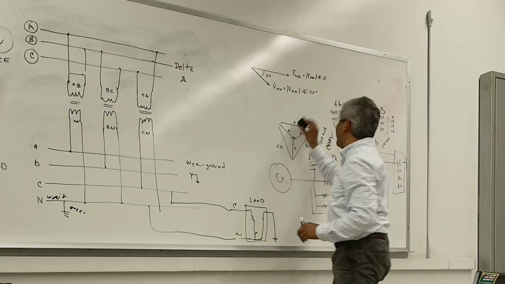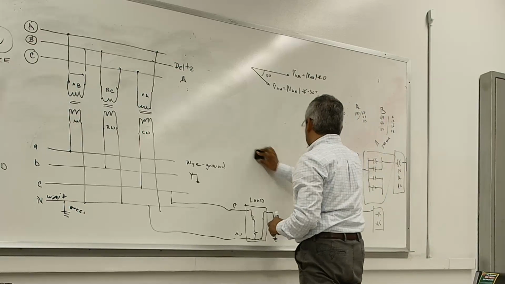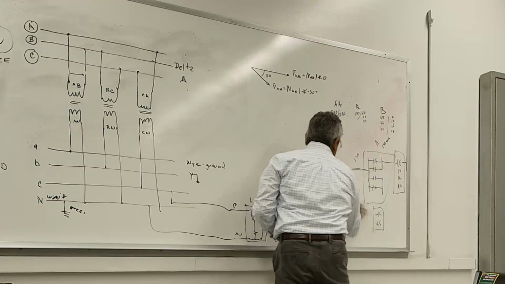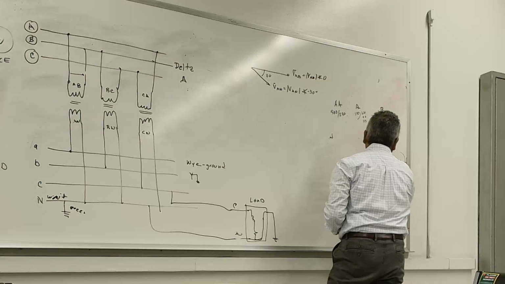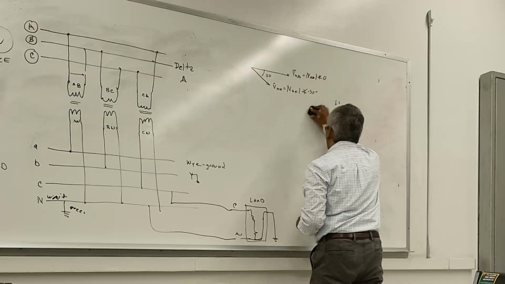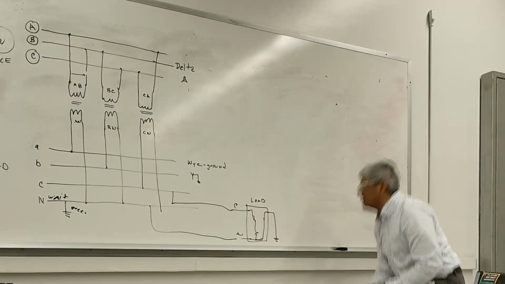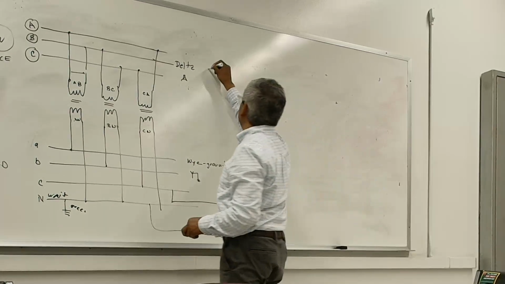Now, what are the advantages? Before even talking about this, there are advantages and disadvantages to this, and why the utilities do it. This delta Y transformation and the 30-degree shift is a disadvantage, because you always have to remember that when you're connecting systems on the secondary, there's going to be this 30-degree shift.